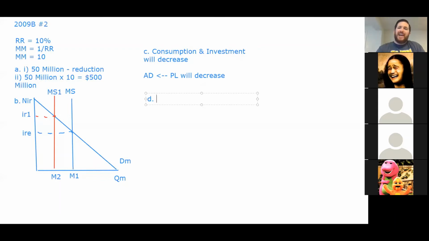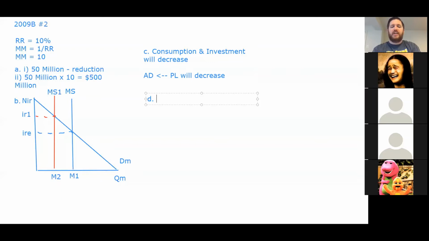If consumption and investment both decrease and price level decreases, and I live off of $25,000 a year, and price level is, say, an 8 on a scale of 1 to 10, and aggregate price level decreases from an 8 to a 5, that $25,000 I currently make per year is going to have a greater stretch. I'm going to be able to purchase more with it.